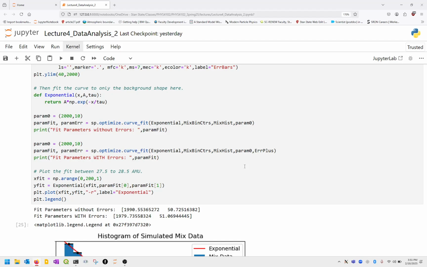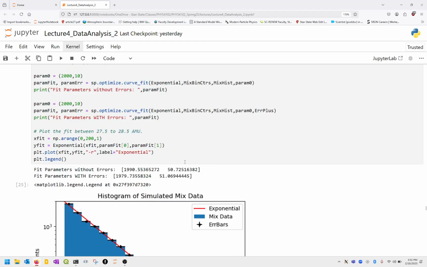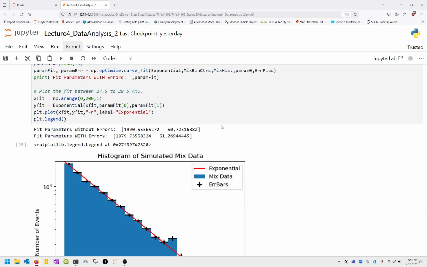So you give it error plus instead. If you print out the fit parameters with errors, you can see that it is slightly different, maybe a 5% difference. So it is important to put in the uncertainty when you're doing the fit. Otherwise, you're not accounting for the uncertainty in the fit.